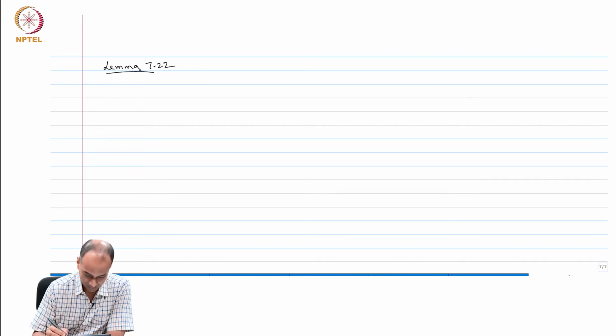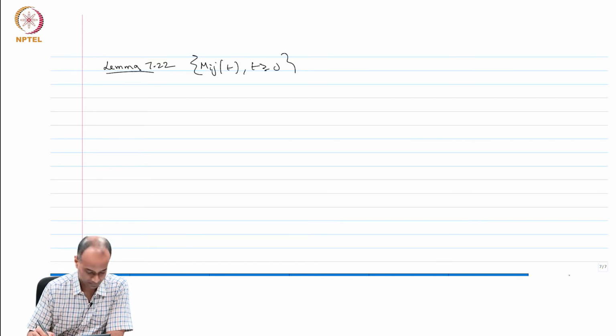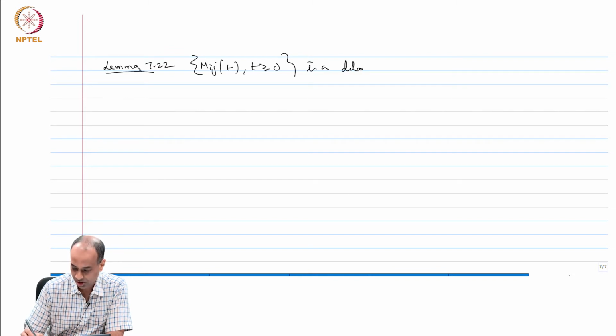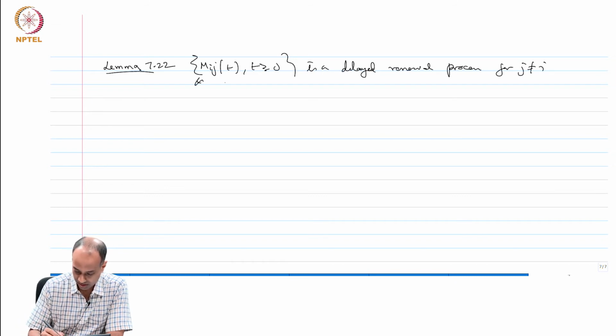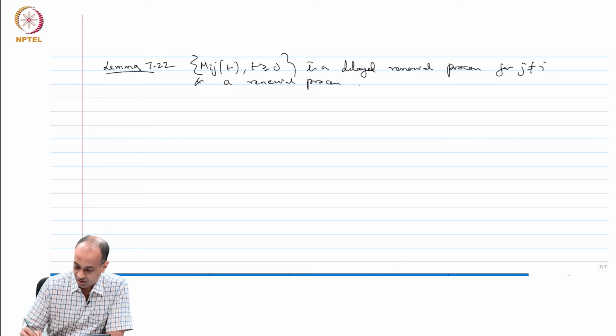Mij of t, t greater than or equal to 0, is a delayed renewal process for j not equal to i, and an ordinary renewal process for j equal to i.